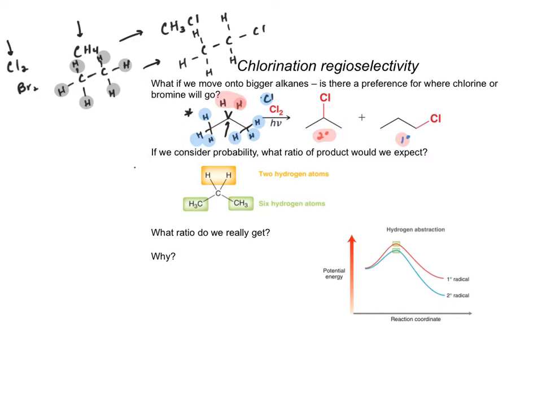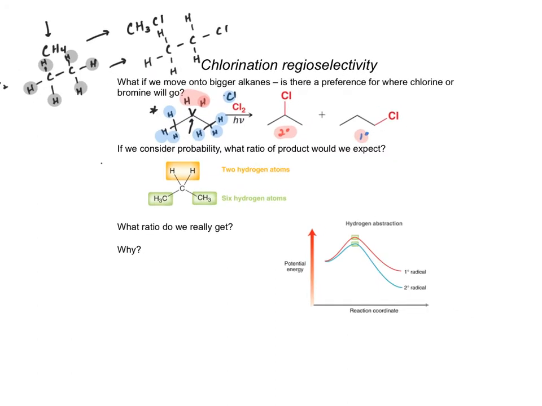Now, if the product distribution between secondary and primary only depended on the probability of hydrogen abstraction, we would expect to see the following distribution. We only have two hydrogens on the interior that would give us this secondary alkyl halide, whereas there are six hydrogens on the exterior that would give us this primary alkyl halide.